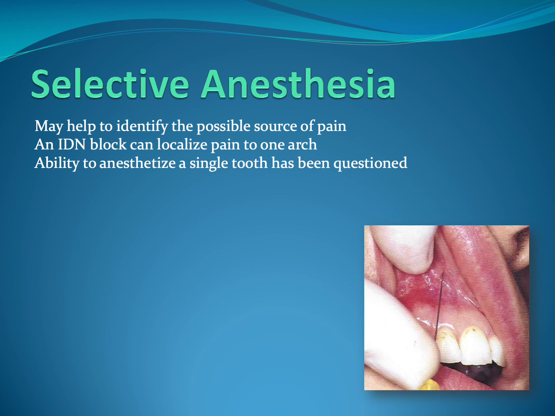Selective anesthesia is a very nice diagnostic aid, but it's more useful with infiltration anesthesia. We can make block anesthesia in case of differentiation between the upper and lower jaw, maybe. But it's more useful with infiltration anesthesia to differentiate.